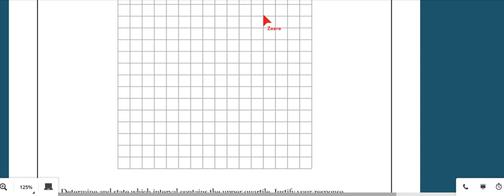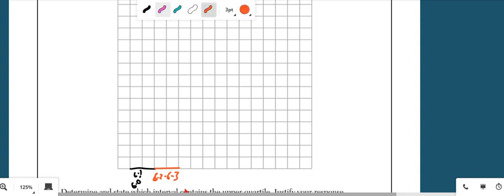So I am highlighting this interval for 6.0 to 6.1. Yeah, and the next one is for 6.2 to 6.3. Okay, and then the next is for 6.4 and 6.5.